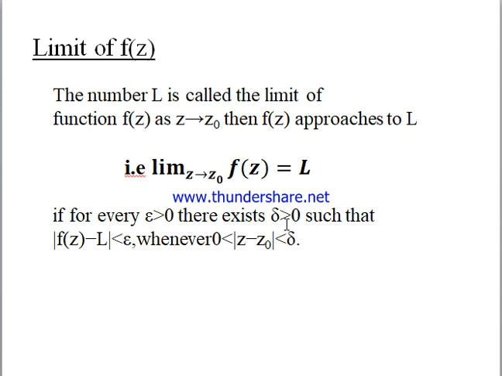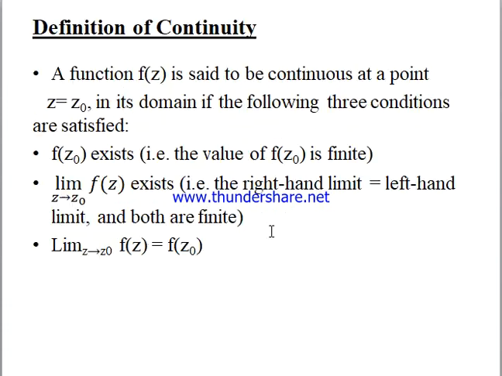So if these two conditions are satisfied, that is |f(z) − L| < epsilon and 0 < |z − z0| < delta, then this limit function exists for f(z).